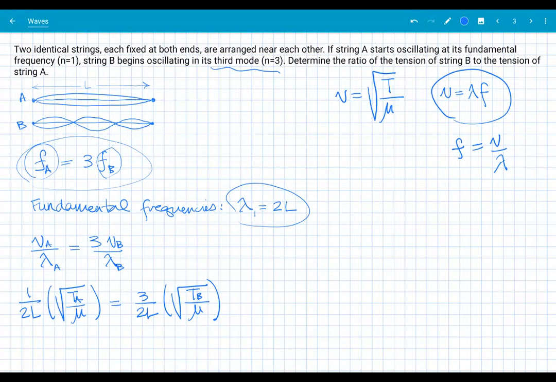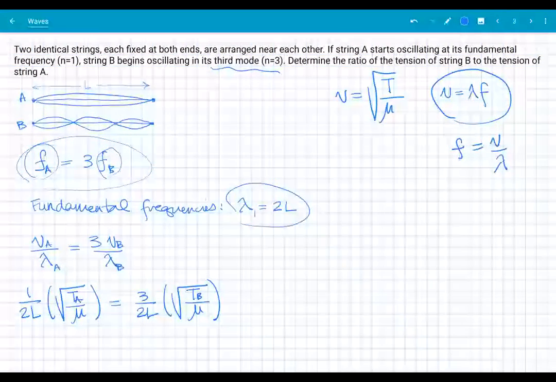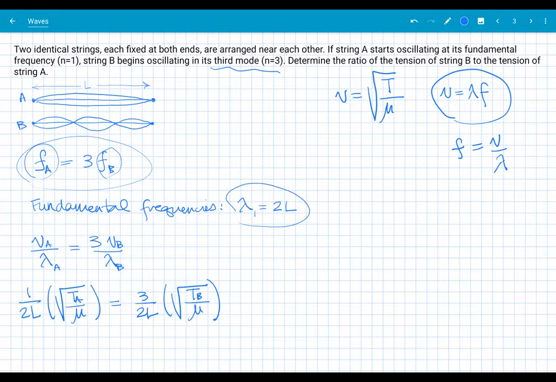If their tensions were the same, then they would both be oscillating in the fundamental mode here. But they're not, right? They're oscillating at the same frequency in different modes, so we know that their tensions have to be different. Anyhow, if I continue on with this, I can work this forward to solving T sub A equals 9 T sub B, and that gives me the ratio that's being requested here. T sub B over T sub A equals 1 over 9.